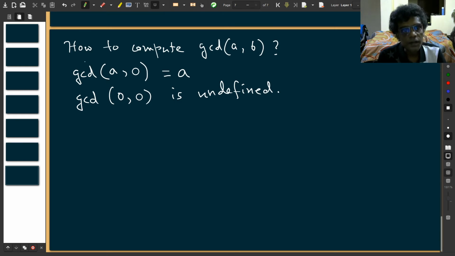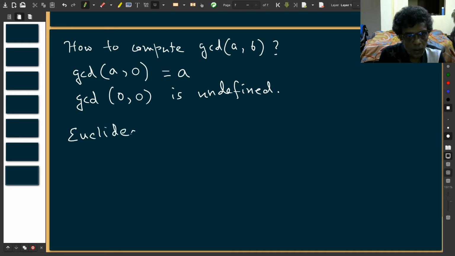Okay, so now let us come back to our question, how to compute GCD. For that we require something called Euclidean division.